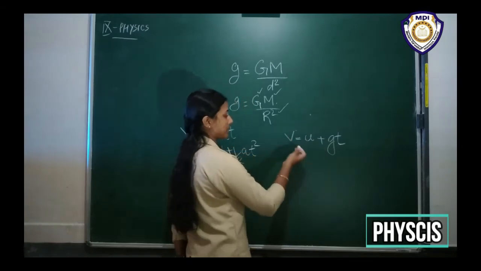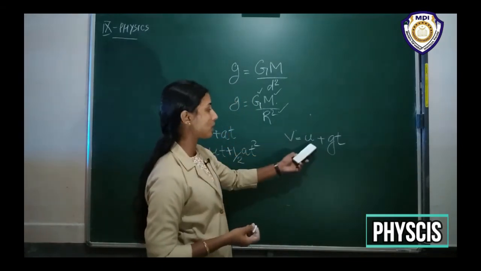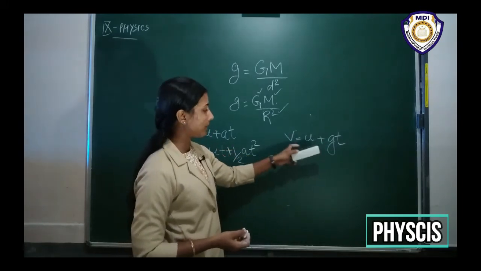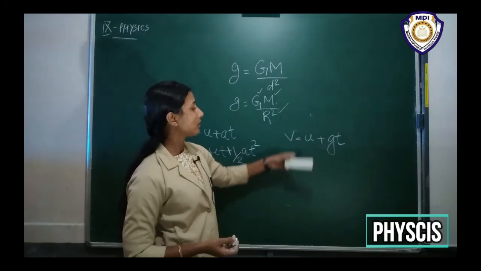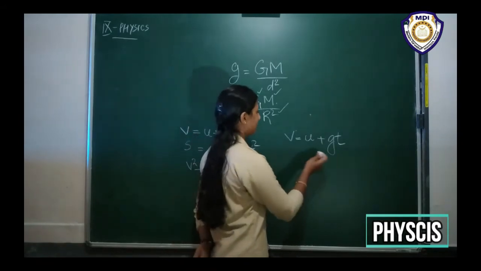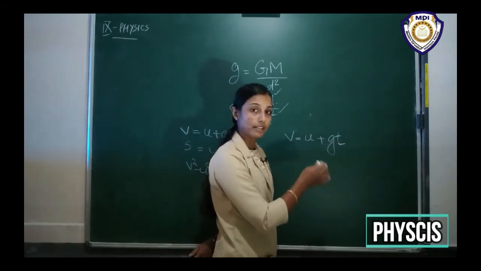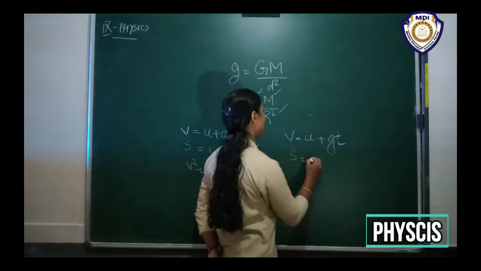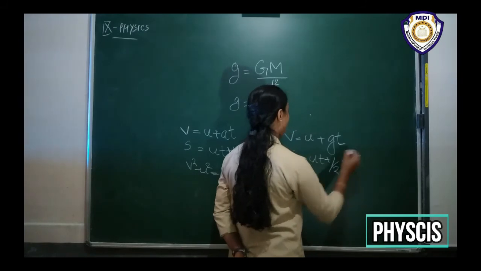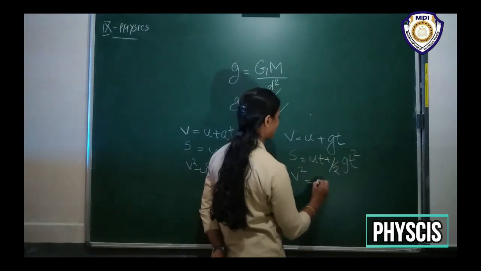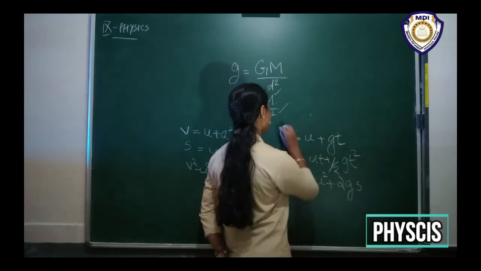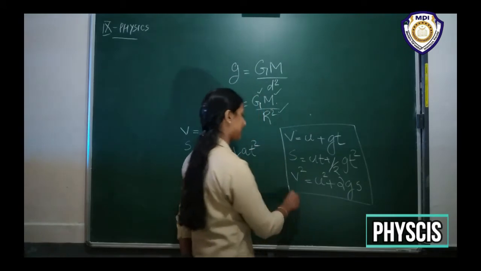All other terms have the same definition: v is the final velocity, u is the initial velocity, t is the time taken, and only the acceleration is replaced by g. And s is equal to ut plus half gt square, and v square is equal to u square plus 2gs.